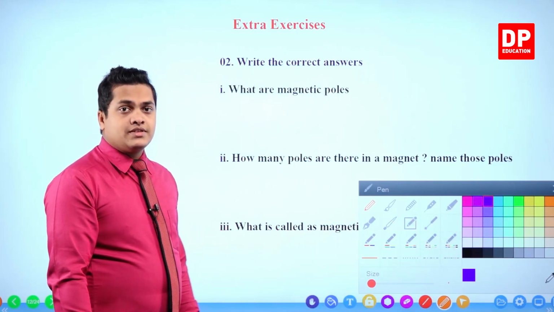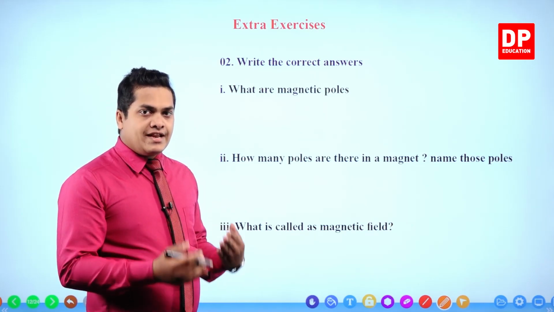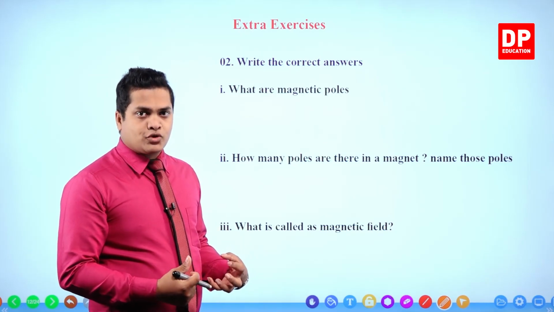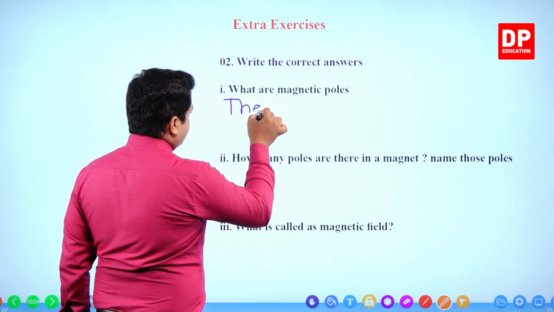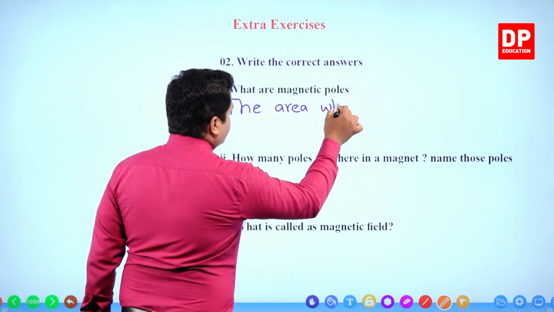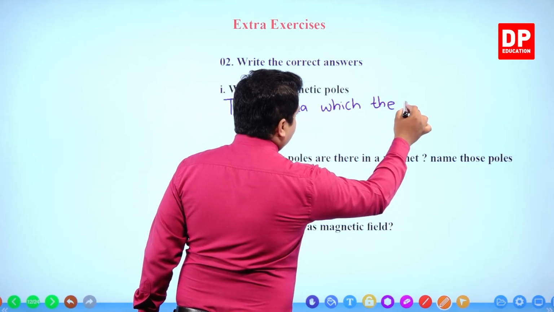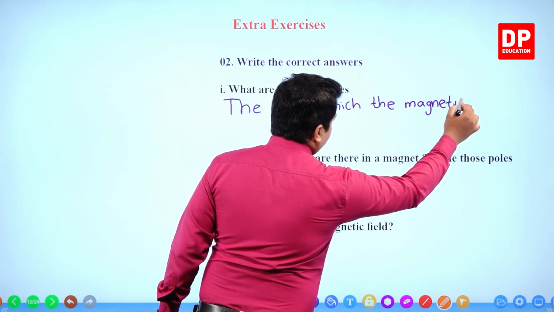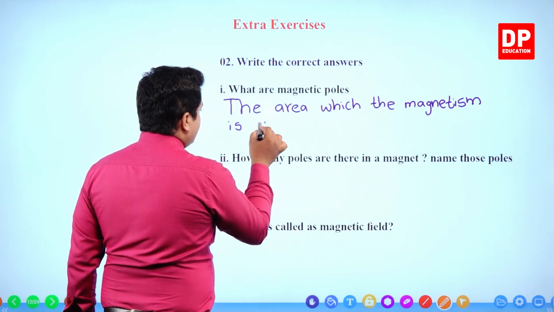So magnetic poles are the area which has the highest magnetic power, or the area where the magnetism or the magnetic field is getting concentrated, right? The area which the magnetism is concentrated.